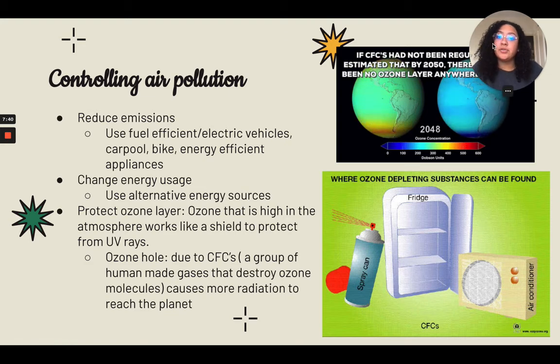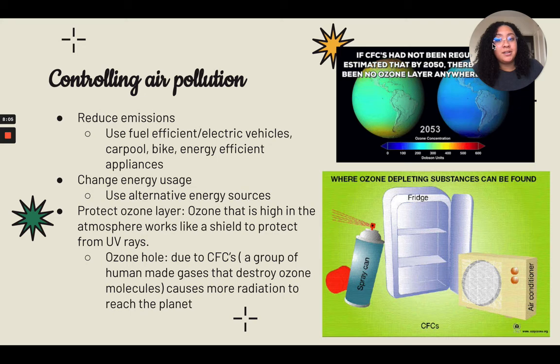So how do we control this air pollution? We could try to reduce emissions. So on a personal level, we could use fuel-efficient electric vehicles, or carpool, so using electric cars, or carpooling with a friend. You could bike to places instead of using your car, so if things are close by, you might want to bike there instead of getting driven there.